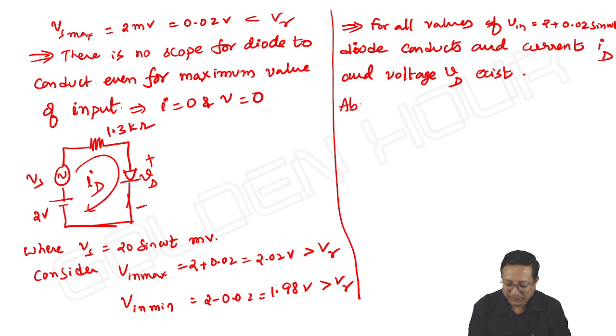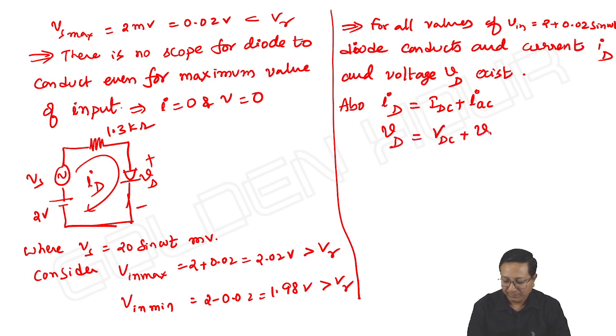We can take I suffix D equal to IDC plus IAC, and V suffix D equal to VDC plus VAC. Why am I writing it so? Because the input is a combination of DC and AC.